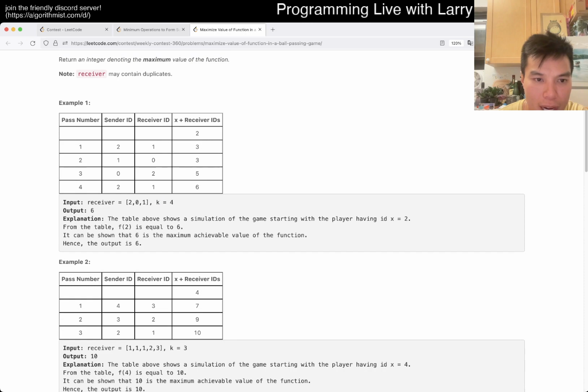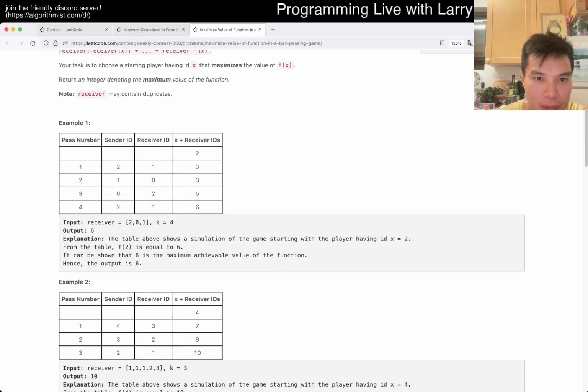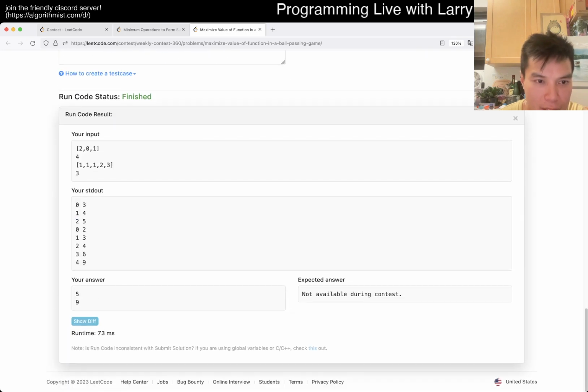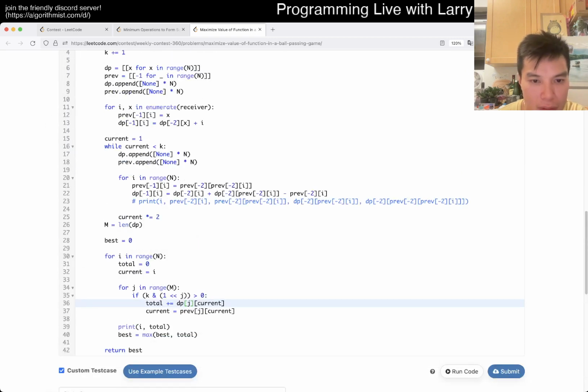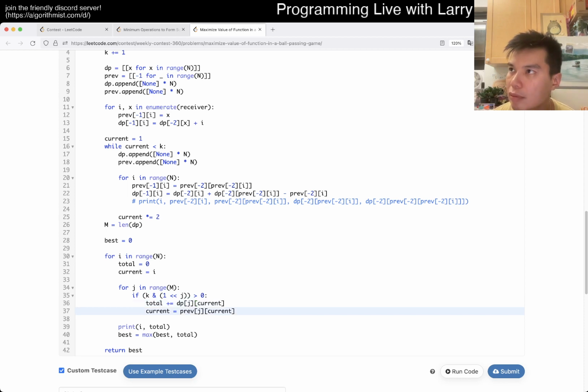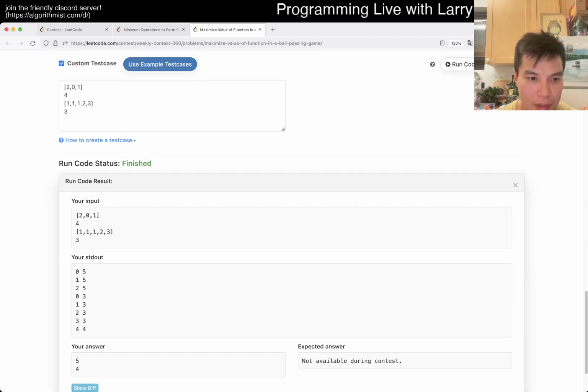Oh, K is 4, so K should have 5 numbers, which is 6, right? We got 5 instead. Why is that? Maybe that's the part that I wasn't sure about. Oh, okay, that's a little bit wrong.